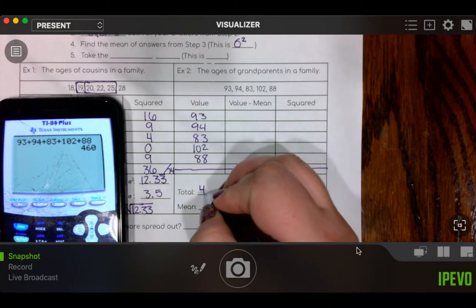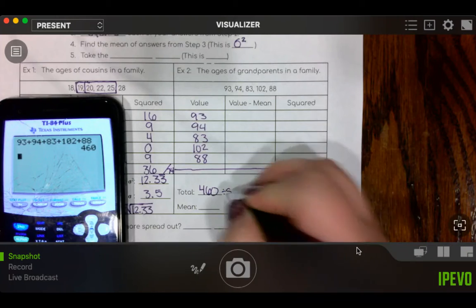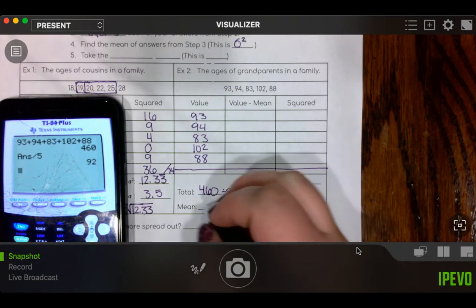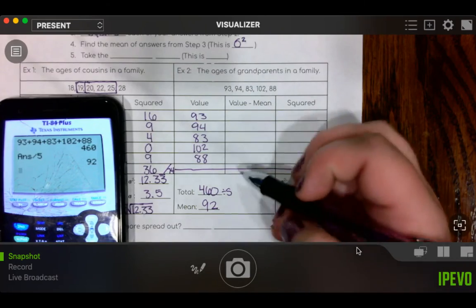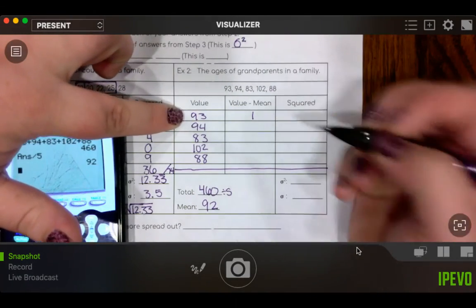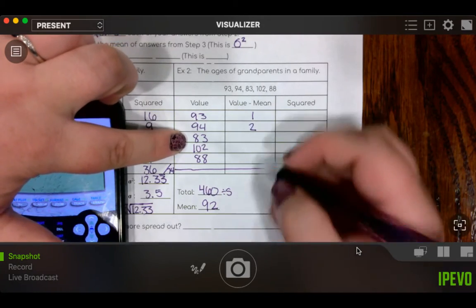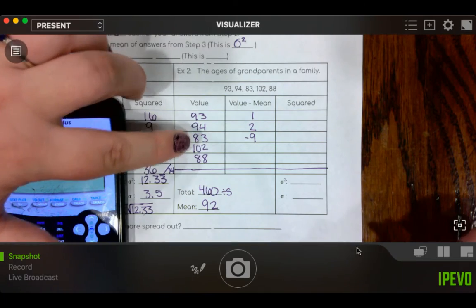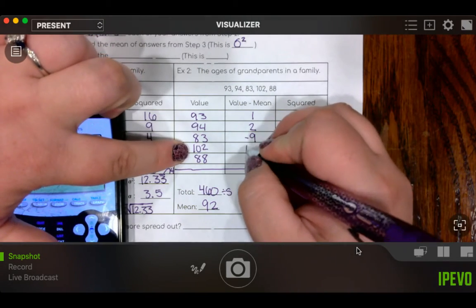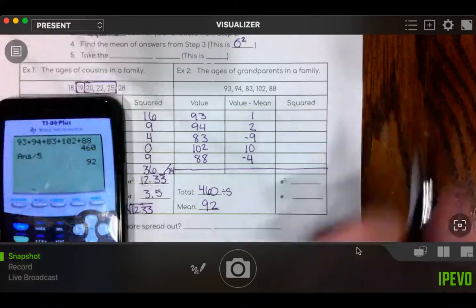Okay, so they add up to 460, and then I have to divide by 5 because there's only 5 numbers this time. 92. So then I'm just going to figure out 93 is 1 away, 94 is 2 away, 83 is 9 away. If I subtract it, though, I technically get negative 9. 102 is 10 away, and 88 is negative 4 away.